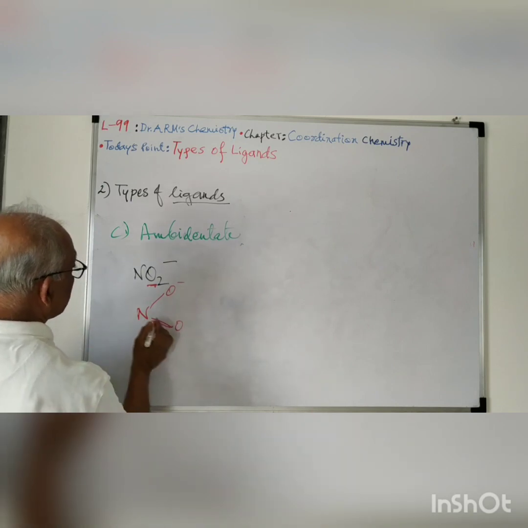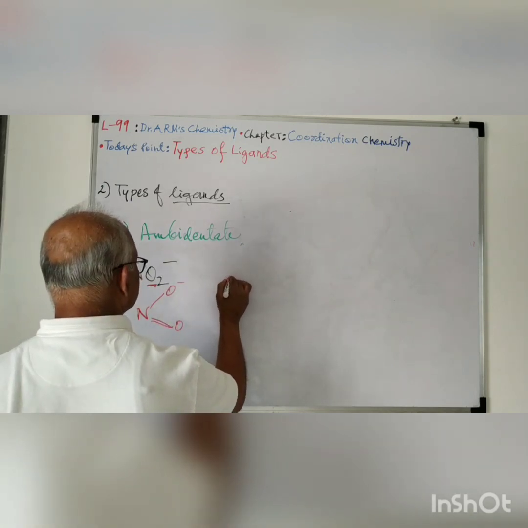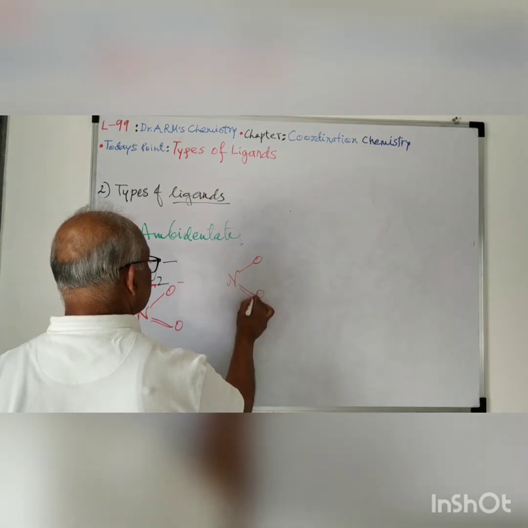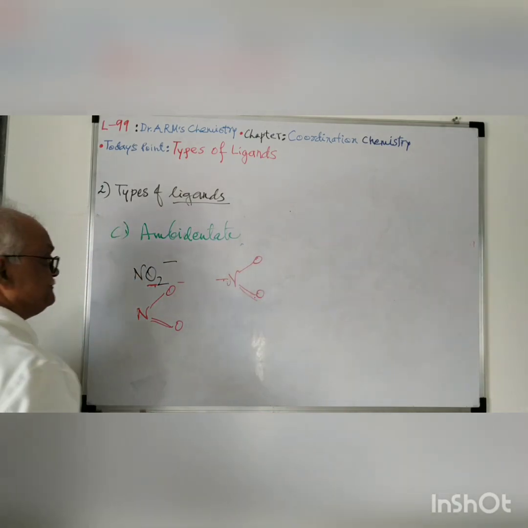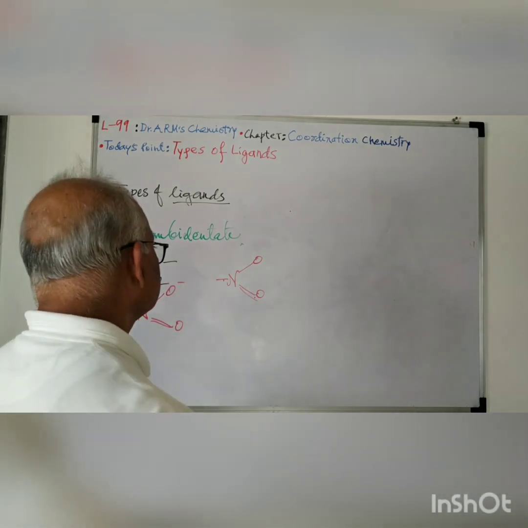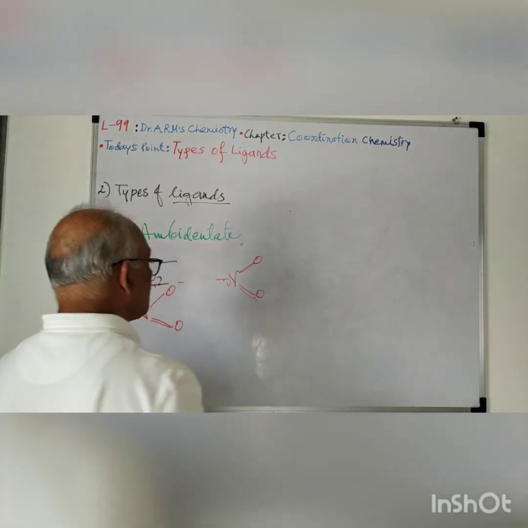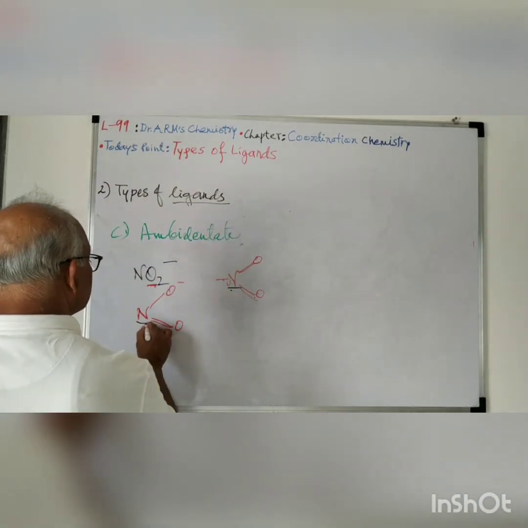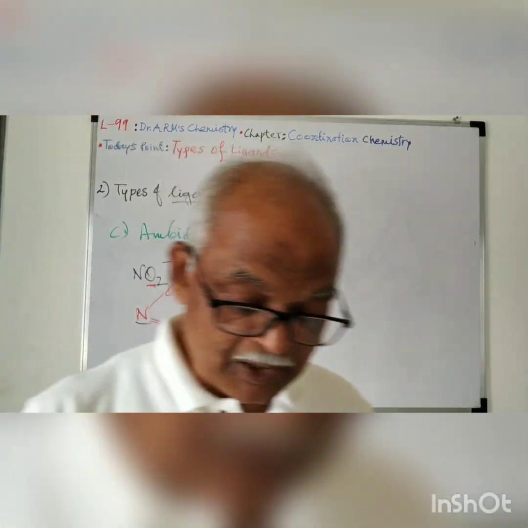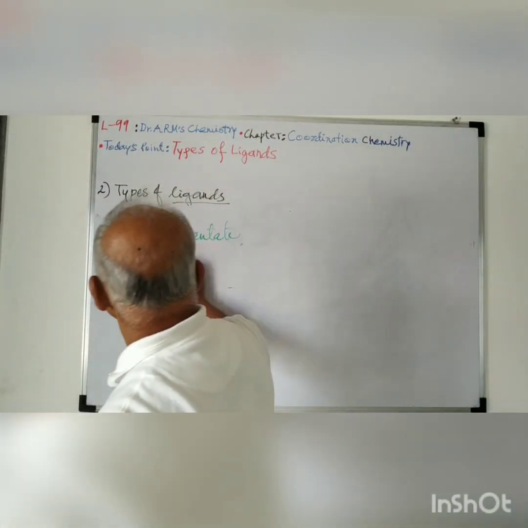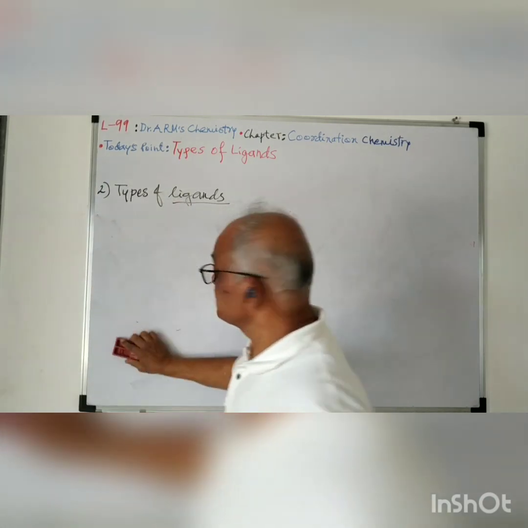And in another way, nitrogen itself is a point of attachment. So here we can have such different points of attachment. So this is ambidentate, means nitrogen or oxygen can behave as a point of attachment. So it is called the ambidentate ligand.